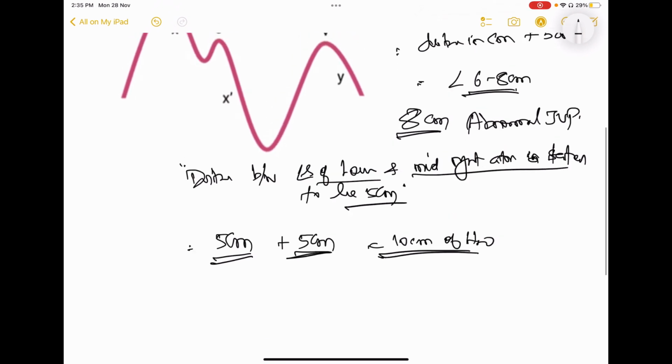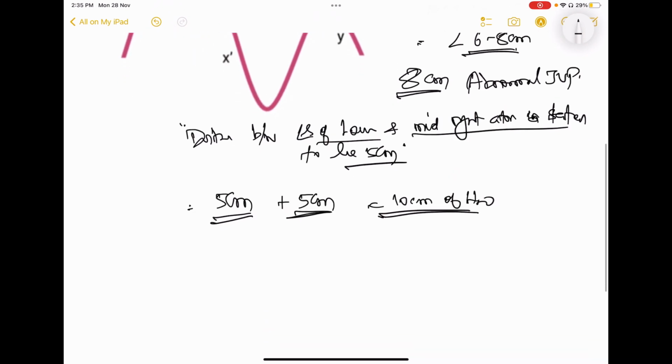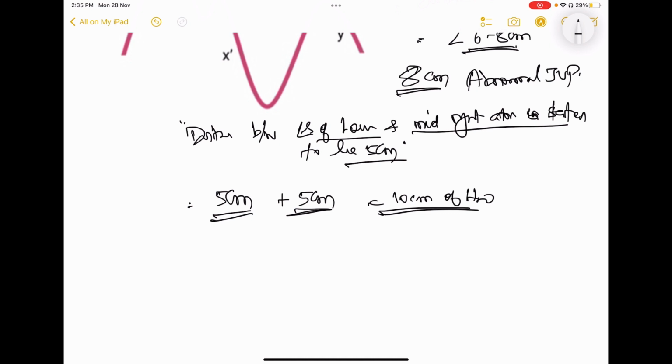Now, as you all might be knowing, there's a simple formula for converting centimeter of water into millimeter of mercury. So what you do is basically divide by 1.36. So 6 divided by 1.36 or 8 divided by 1.36.